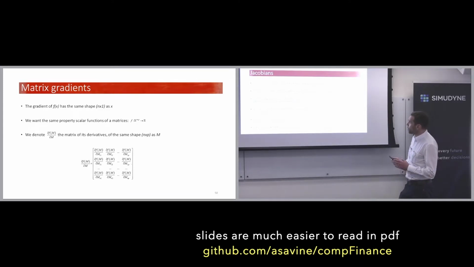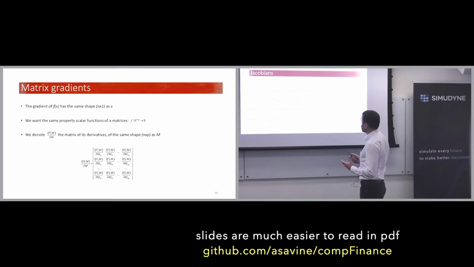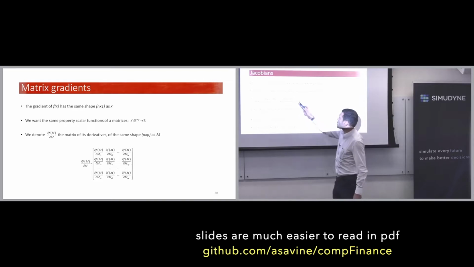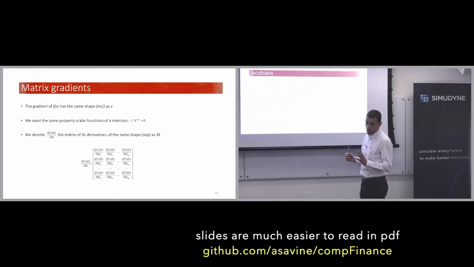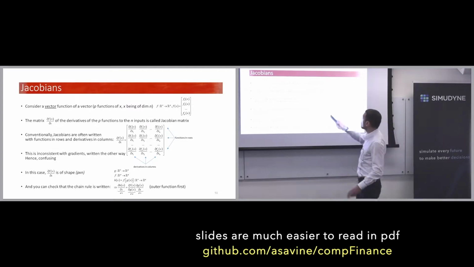Next is a more important generalization of a gradient, which is the Jacobian. Now we consider a vector function of a vector, so a function that goes from Rn to Rp. Another way to look at it is to say that this is a collection of p scalar functions, right? So if we conceptualize the notion of derivatives, what is the derivative of f? Well, we have to look at the derivatives of every one of these p results with respect to every one of its n inputs.